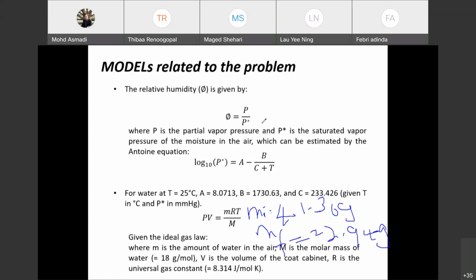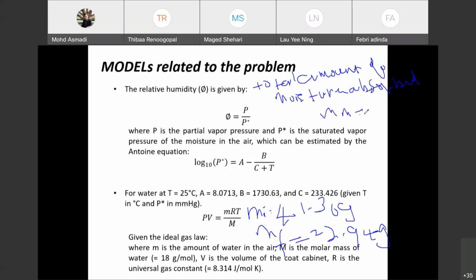So the total amount of moisture absorbed, how much? Meaning that we use Mm, the total amount of moisture absorbed.